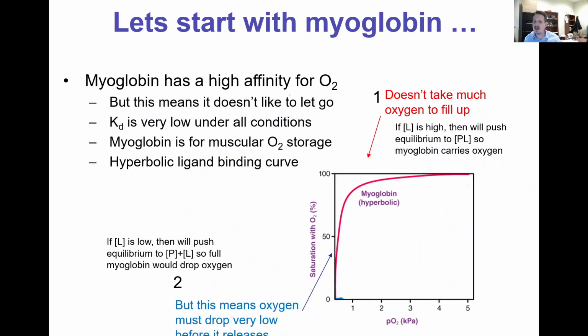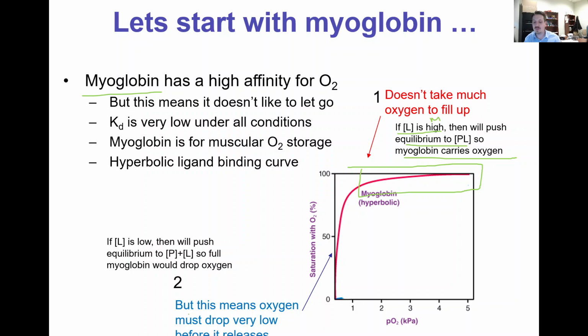So in the case of myoglobin, it doesn't take much oxygen in order to fill it up. If L is high, then it'll push the equilibrium to PL. In fact, L only needs to be moderate in order to push the equilibrium to PL. So myoglobin will easily carry oxygen.